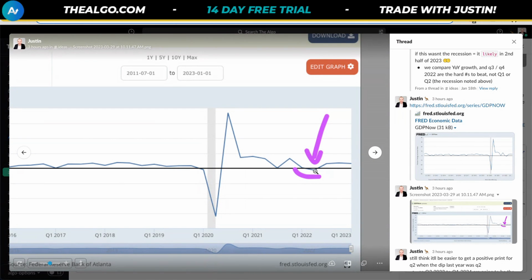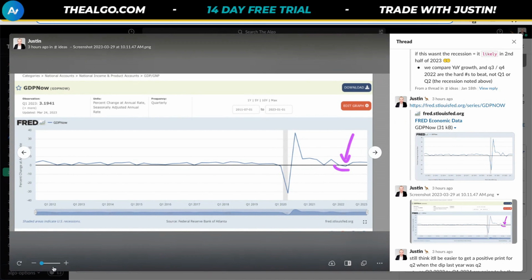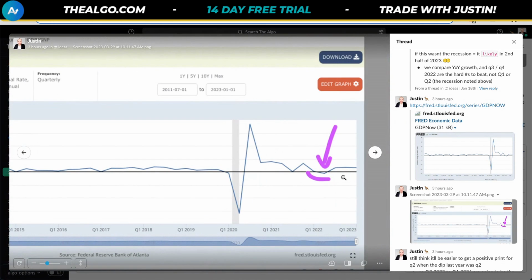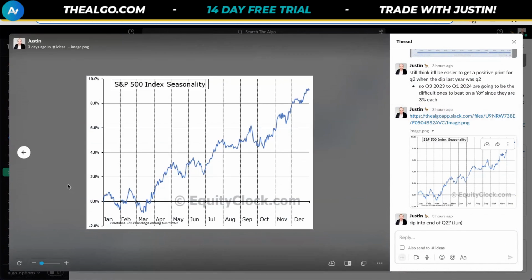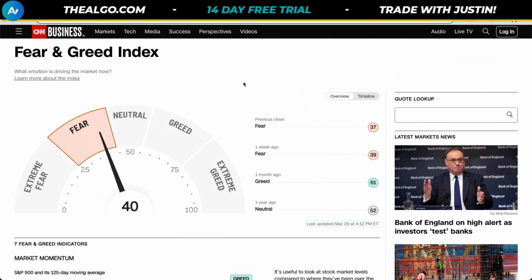Then we look at the next one, it's negative 1.3. So this next quarter or going into Q2, there is a high probability that we could at least eke out a little bit of gain. Why? Because as long as it's above zero, the negative number from last Q2 is going to reflect as a positive one. That's how we can do the higher for longer, right? Squeeze the bears. And man, these bears are getting hurt.